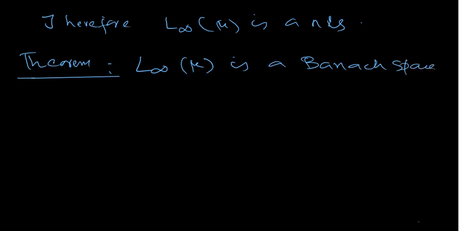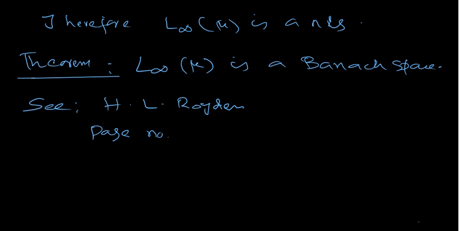So that's the end of this unit. आपके 2 यूनिट्स कंप्लीट हो गई. इसका प्रूफ आप देखिए, it's in HL Royden, page number 261, theorem number 31.9. Okay, see this HL Royden, at page number, you can see it's very simple, it's not too hard.